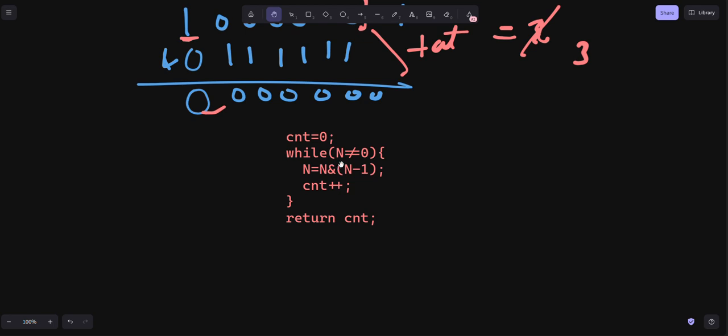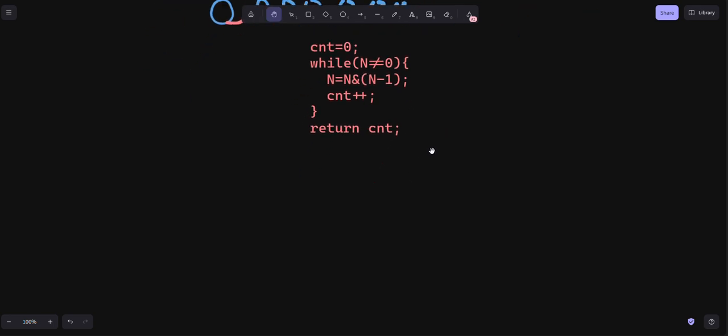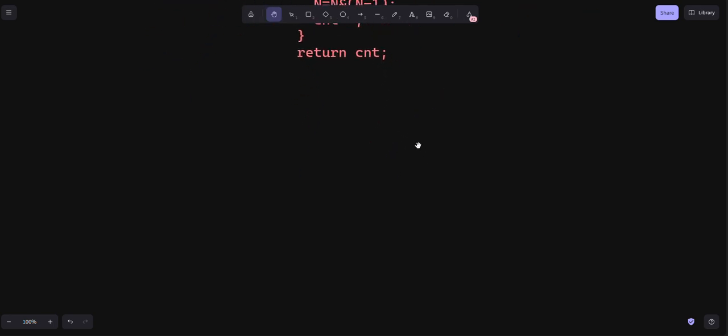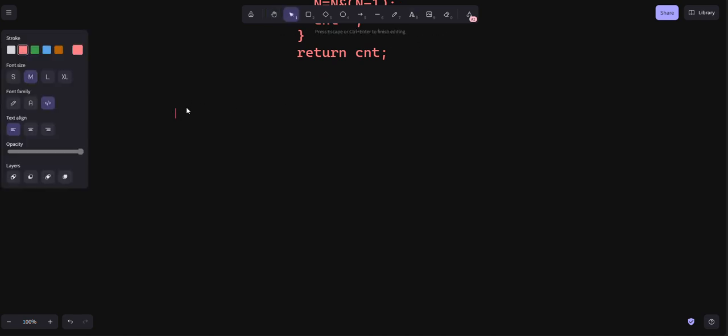Or let me just give you this as homework because we have crossed the duration now. So one homework for you is minimize bit flips to convert a number. I will just explain the question to you.